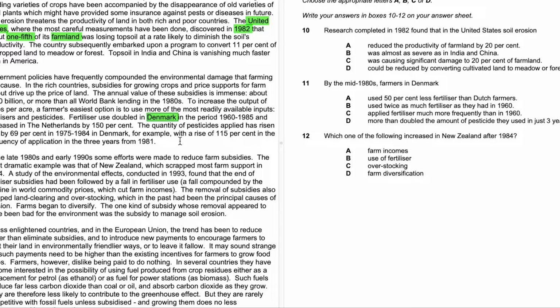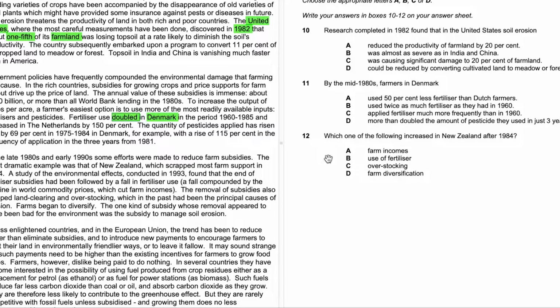So the answer is gonna be used twice as much fertilizers, because they were just saying that it's just doubled. So our main answer here is doubled. They just doubled fertilizers here. The answer to question number 11 is going to be B. Go to the question number 12.